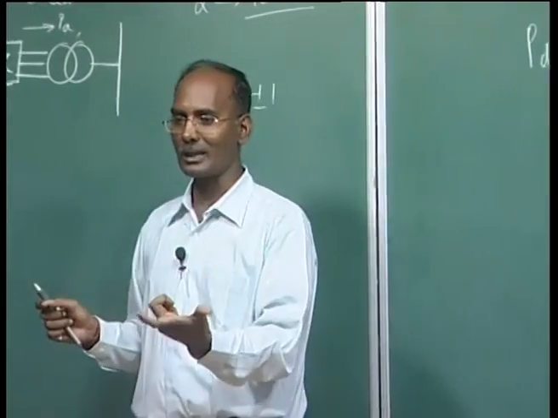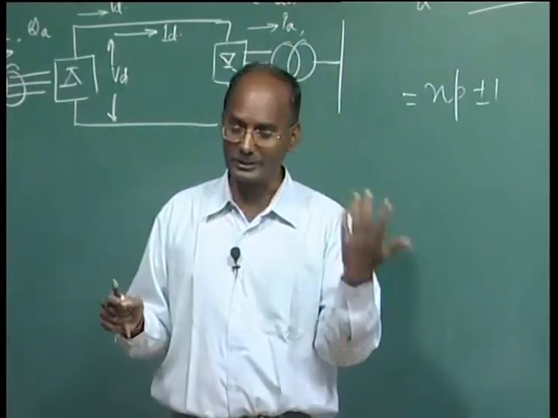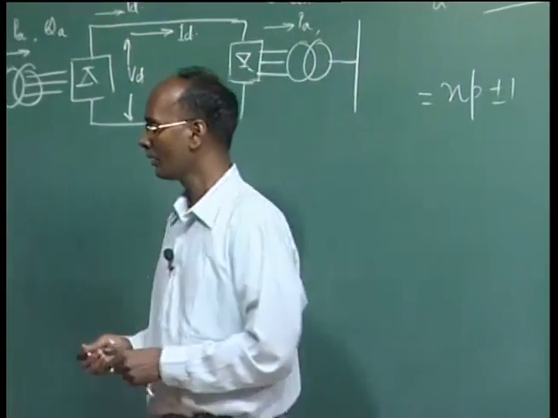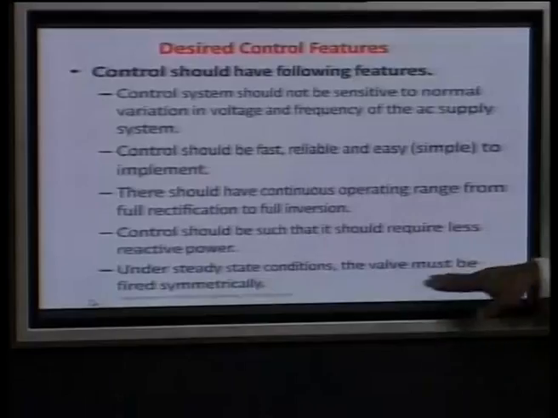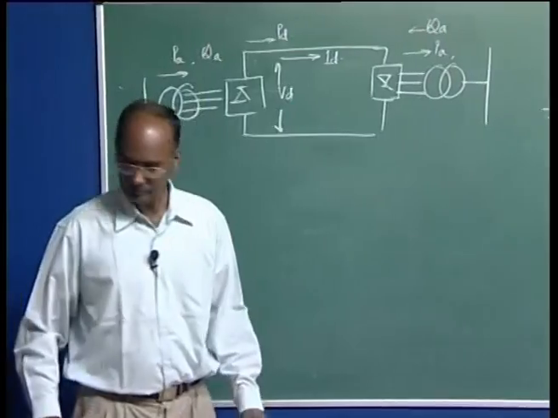No doubt during that cycle your voltage will not be symmetrical and you are injecting more harmonics, but the next cycle it will be cleared automatically. So the main concern, to minimize the harmonics, is to give the pulses symmetrically to all the valves.